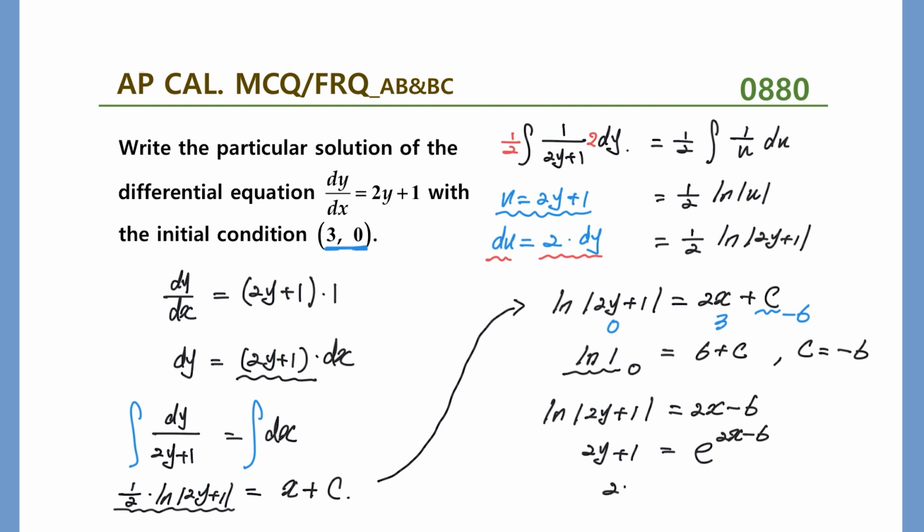So 2y is equal to e to the 2x minus 6, minus 1. So what is y? Here, let me write right over here. The solution y is equal to e to the 2x minus 6, minus 1, over 2. That's our particular solution to this differential equation, right?